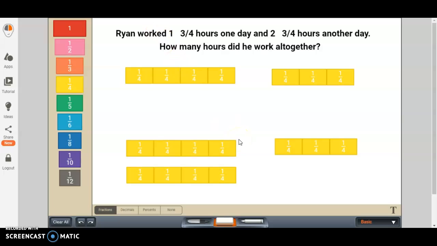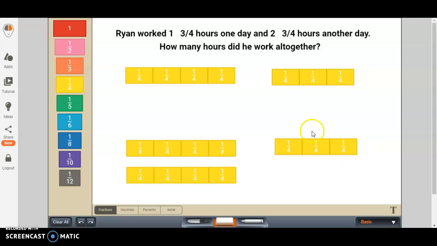So let's think about how we can add these together. So Ryan worked 1 3/4 hours one day, and 2 3/4 hours another day. How many hours did he work altogether? Now we can write this just like we did before as either a fraction or a mixed number.